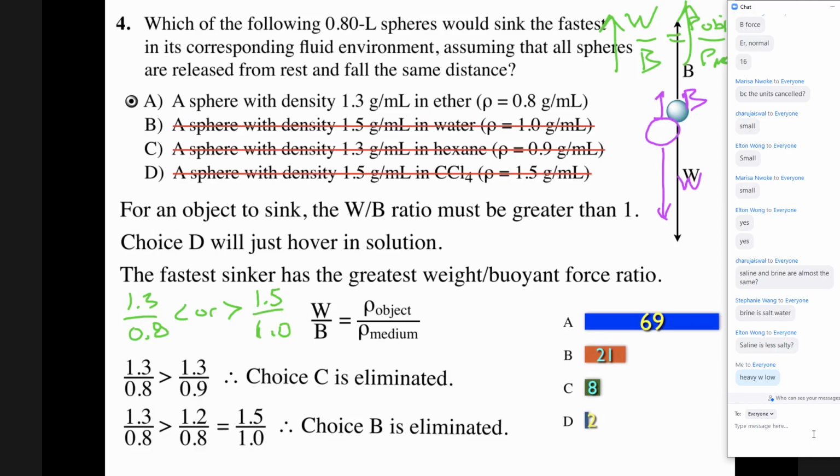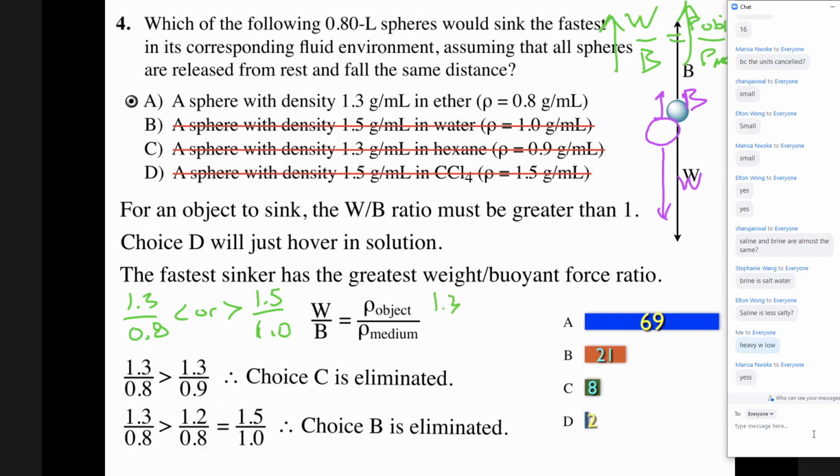Few ways to go through this. Just want to revisit a certain math trick you may have done. How many learned the cross multiplying trick? How many learned that you do this? 1.3 times 1 and compare that to 1.5 times 0.8. How many have done that one?